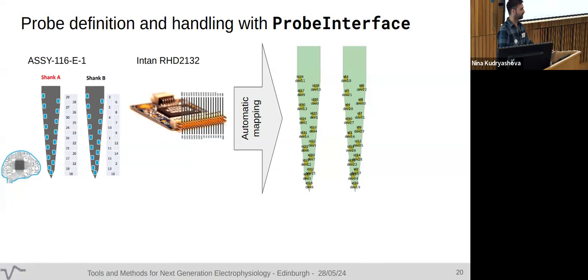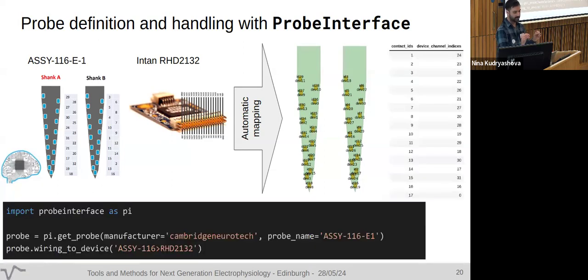Yes, exactly. So what we provide is some automated pathways. In this case, for example, the wiring that is recommended for this probe uses a connector which is called ASSY-116. So using that connector with the Intan chip will give you this automated mapping.